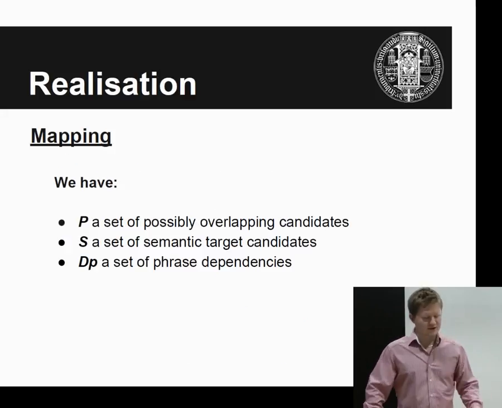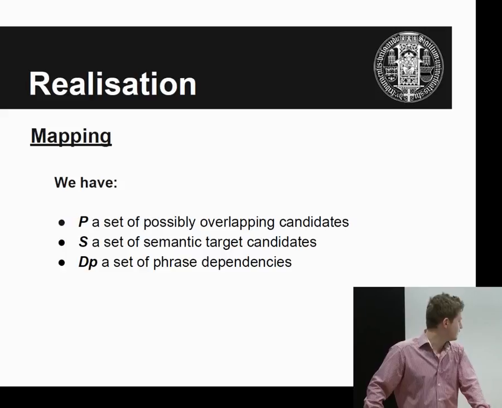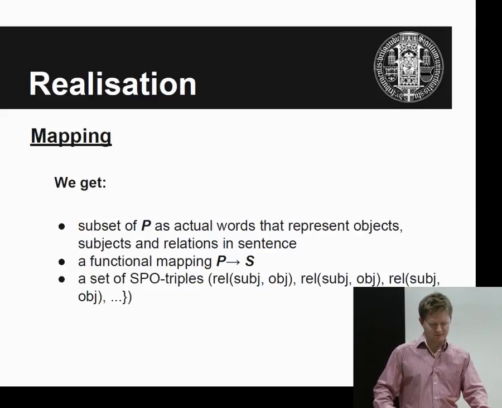At the end of extraction, we have 3 sets. The first set of possible overlapping candidates. Second set is the set of semantic target candidates, and the last set is the set of these dependencies.